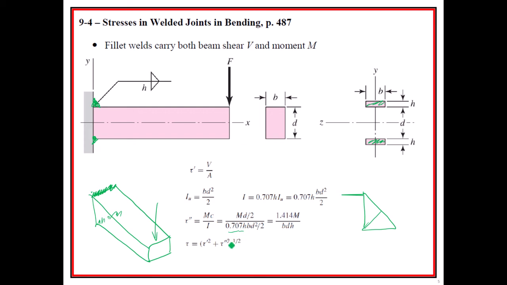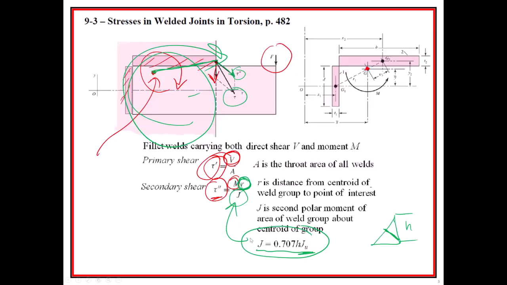Now this one is easier to calculate the actual total stress than this one. This one is a little bit more difficult, not too much more difficult, but you've got to make sure that you're combining this one correctly. So what we often have to do for the overall tau of this is break the tau double prime into an X direction and a Y direction.